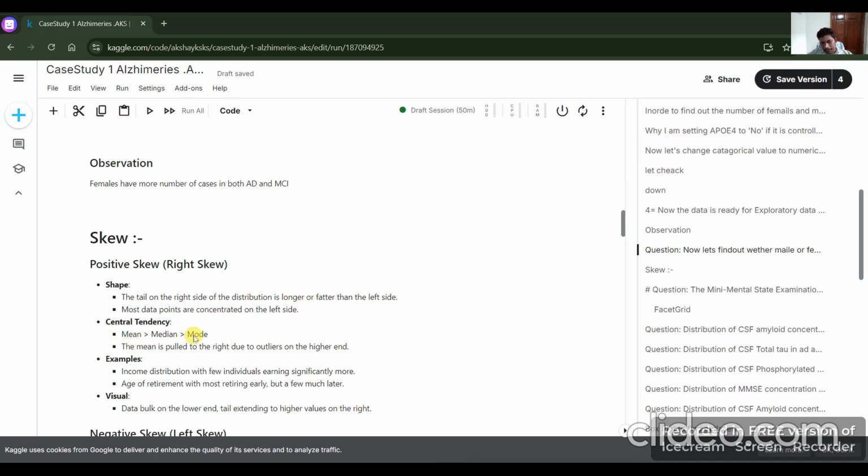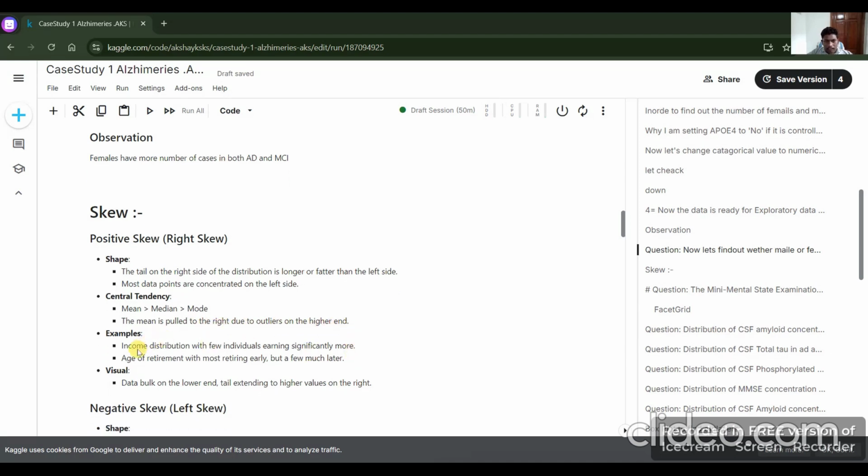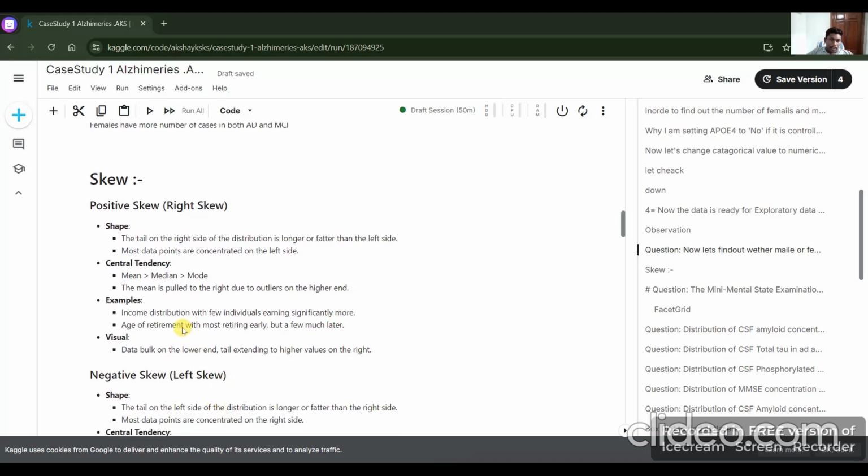Central tendency: mean, median, mode, and the mean is pulled to the right due to outliers. For example, in a higher income distribution, a few individuals earn significantly more. Ages at retirement: most retire early but a few much later. Visually, the bulk of data is on the lower end and the tail extends to higher values on the right.